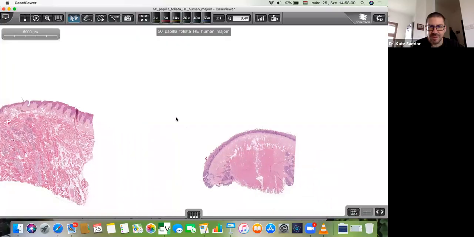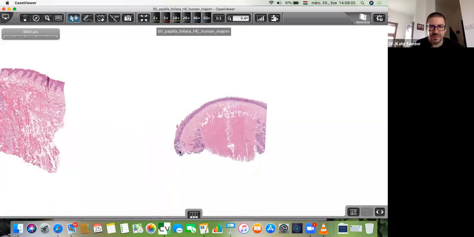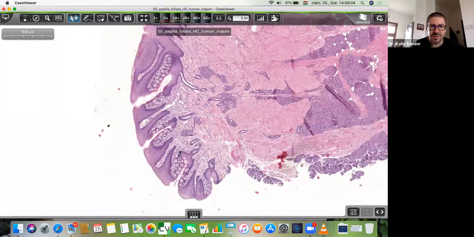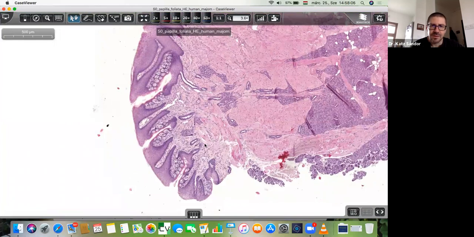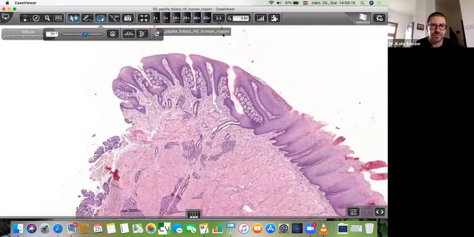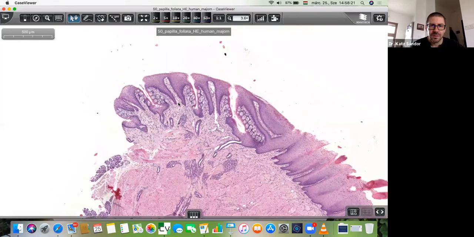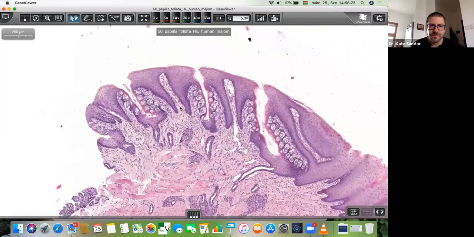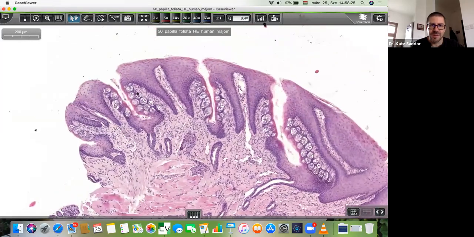Okay, let's see the monkey first. Oh, that's much better. This is a foliate papilla.